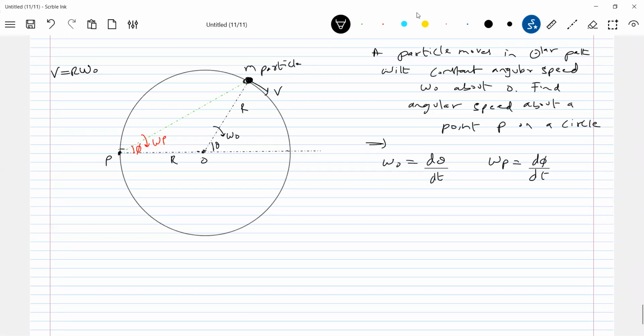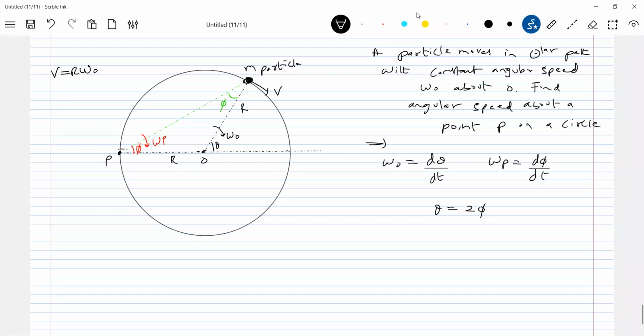Watch, this angle also should be phi, no? Isosceles triangle. Then how are theta and phi related, as we know from the circle? Theta should be equal to 2 phi. Do I agree? From the circle concept, the exterior angle should be equal to the sum of the interior angles.